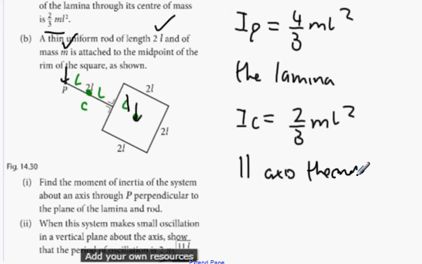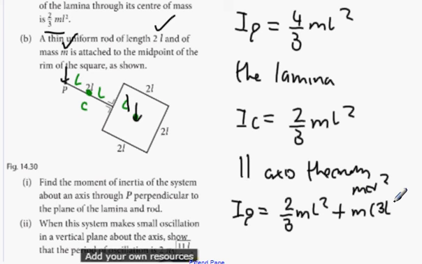The original inertia is 2/3 ML squared, located 3L away from the axis I want. The theorem adds MD squared, which is M times 3L squared. This means its moment of inertia about P is 29/3 ML squared.